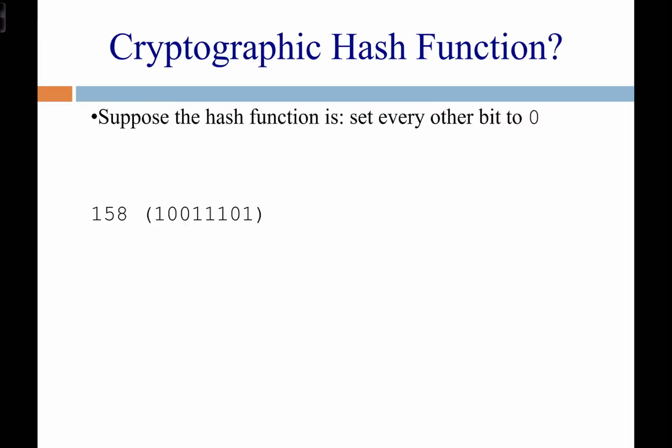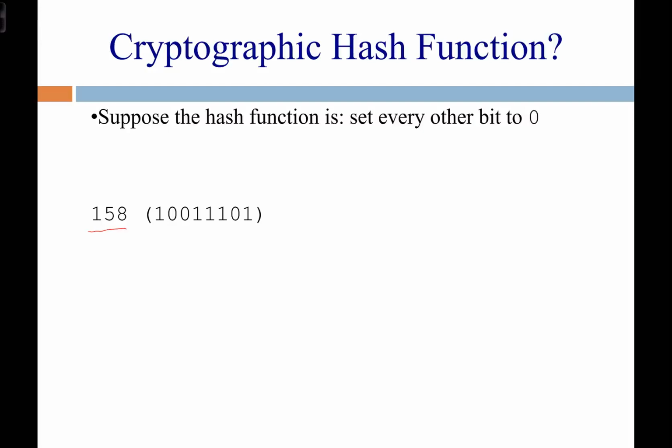Okay, so let's look at an example. Let's suppose that the hash function we're trying to use is: we just set every other bit to 0. So the goal is to take some known value and scramble it. Setting every other bit to 0 would certainly scramble it. Instead of strings, my example here, I'm just going to use a simple little number.